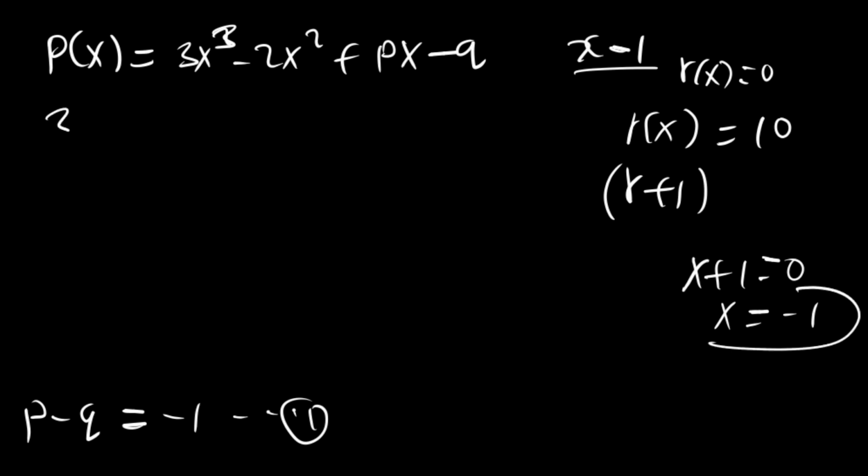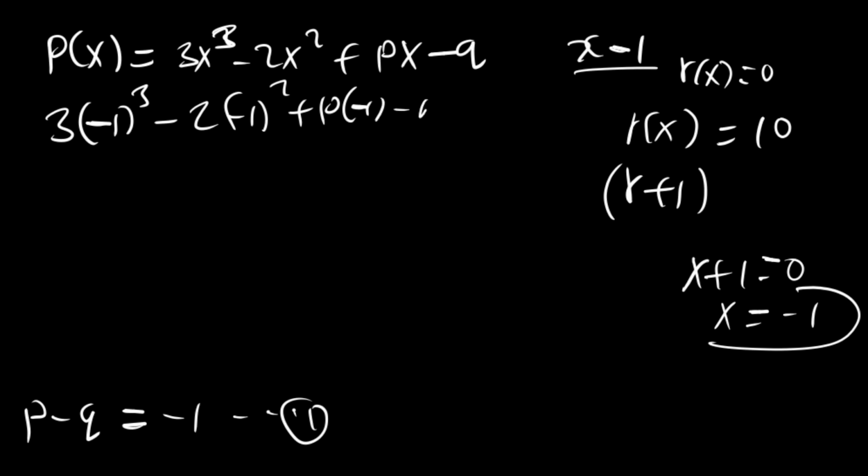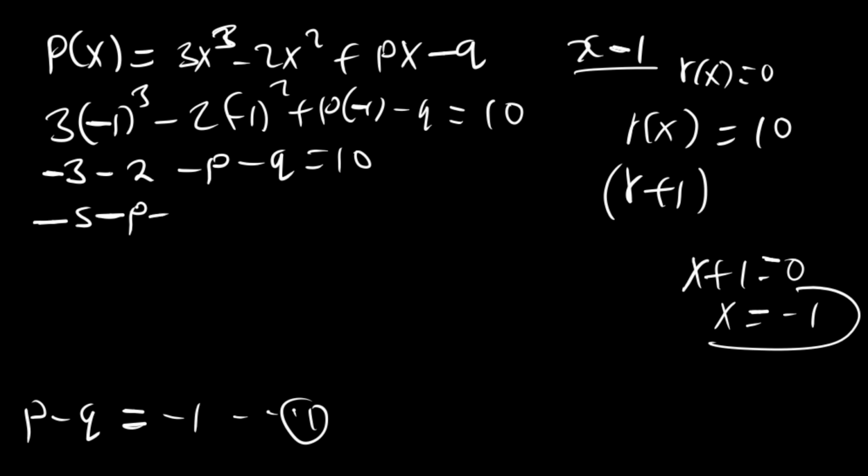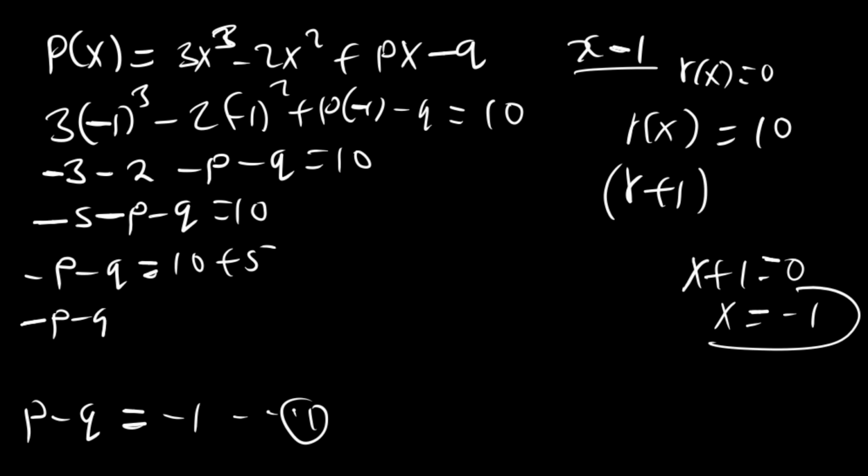So I'll say 3 times negative 1 to the power 3, minus 2 times negative 1 to the power 2, plus p times negative 1, minus q is equal to 10. This gives me negative 3 minus 2 minus p minus q is equal to 10, so negative 5 minus p minus q is equal to 10. Negative p minus q is equal to 10 plus 5, so negative p minus q is equal to 15. This is my equation 2.